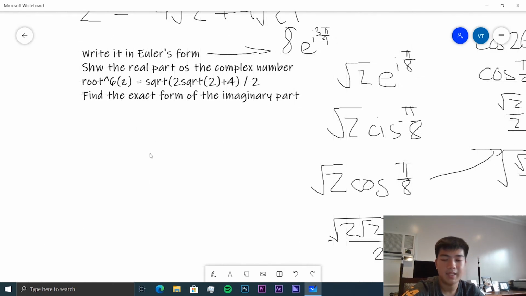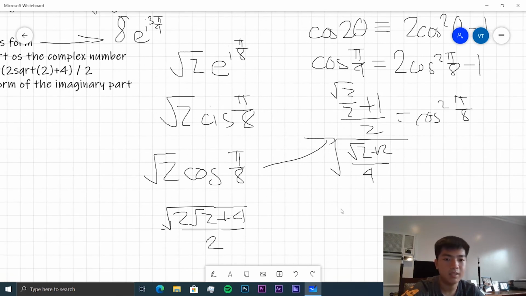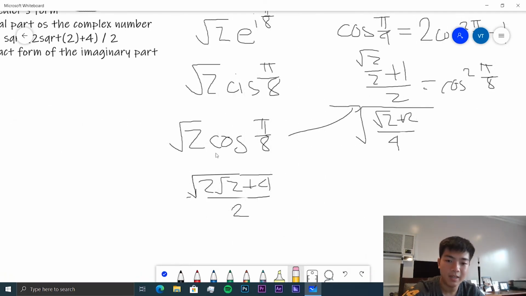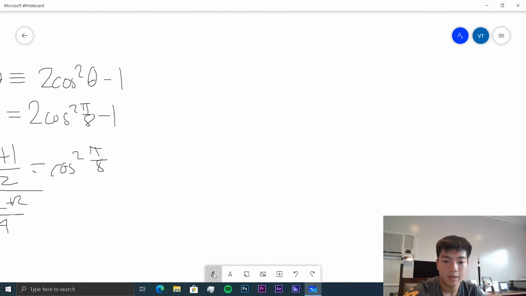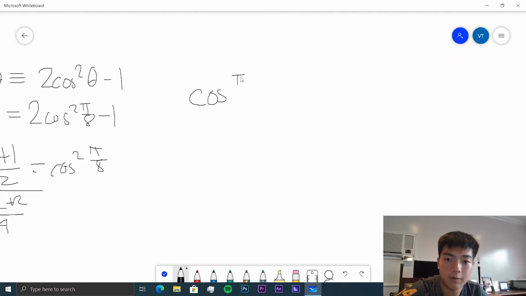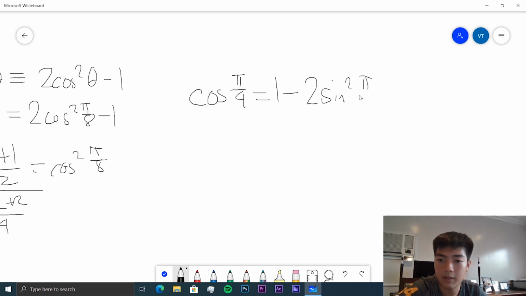And finally, find the exact form of the imaginary part. We can use the same trick to find sine pi over 8. I mean, of course, there are other ways to do it, but we could just use the same trick. So we have cosine pi over 4 is equal to 1 minus 2 sine squared pi over 8.